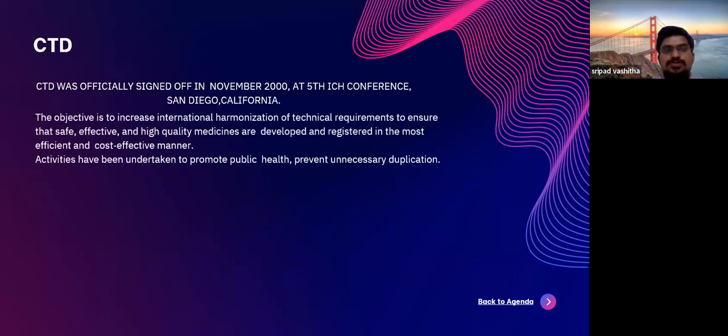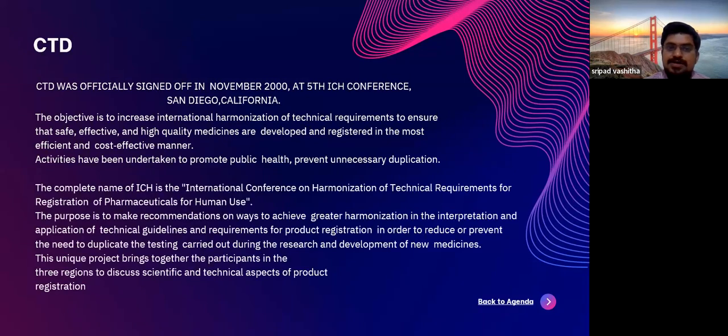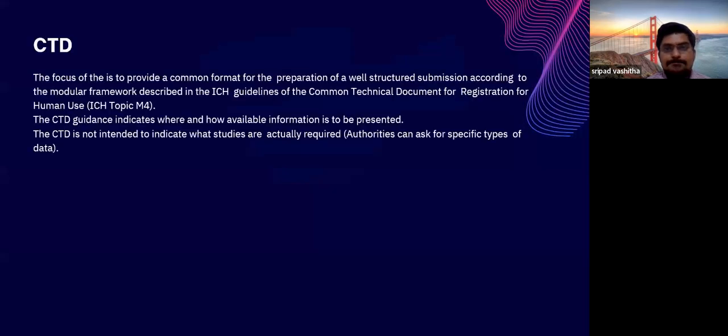The objective is to harmonize the requirements, which I won't repeat here so as not to duplicate what we have already discussed. So where do you get to see the CTD topic? It is in M4.